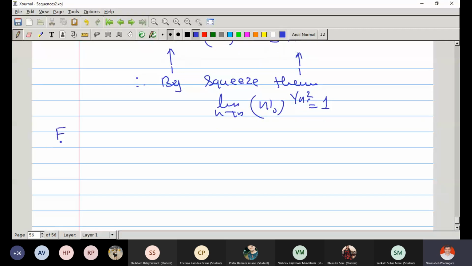Since the sequence term is complicated, you can understand where it is going. Now look at Xn equal to 3 root n raised to 1 upon 2n. What is the limit of this sequence?